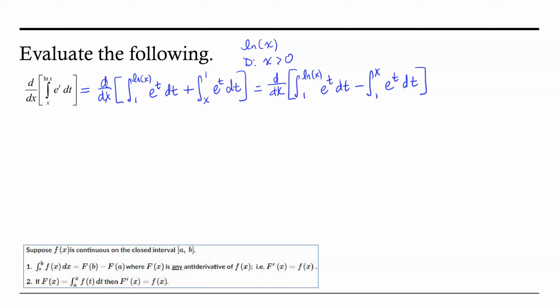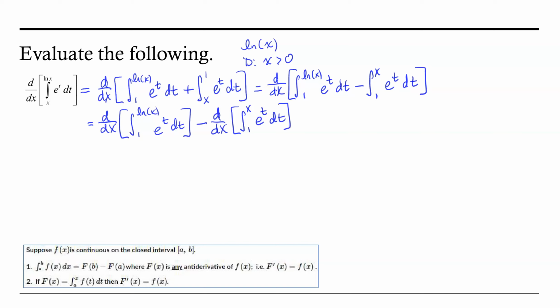In other words, we're going to have the derivative with respect to x of the integral from 1 to natural log of x, e to the t dt, minus the derivative with respect to x of the integral from 1 to x, e to the t dt.